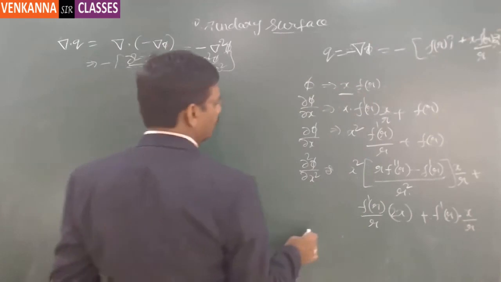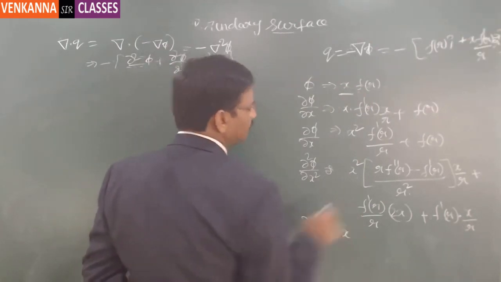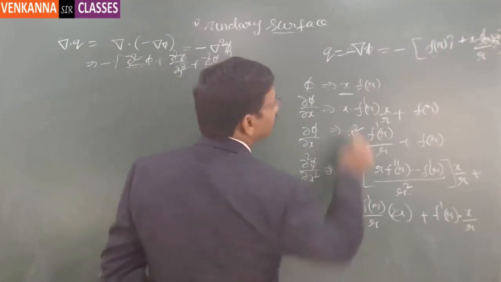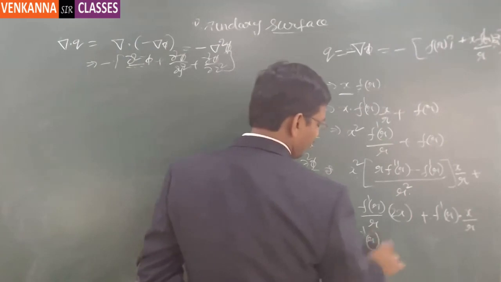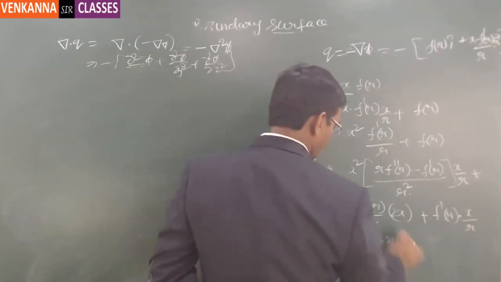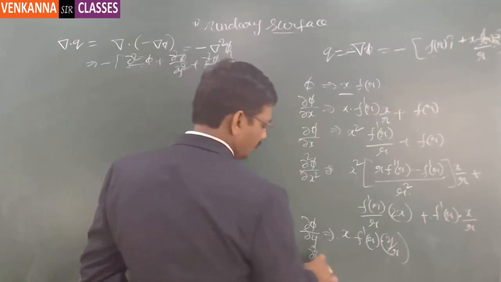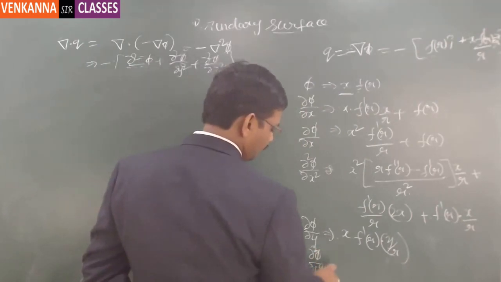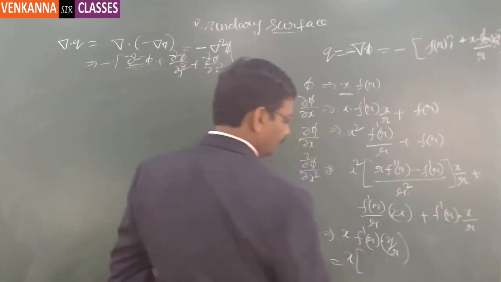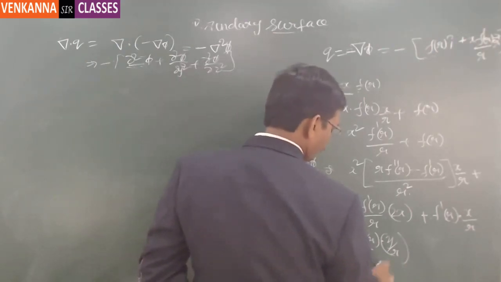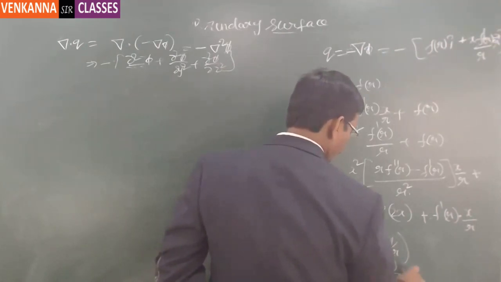So ∂phi/∂y is nothing but x into f dash of r into y by r; you don't need to apply the UV formula. Then ∂²phi/∂y² is equal to, x you can take out, then ∂/∂y of f dash of r divided by r into y.